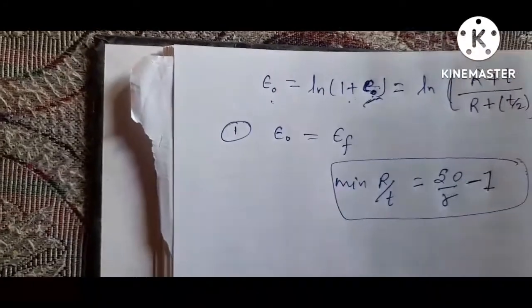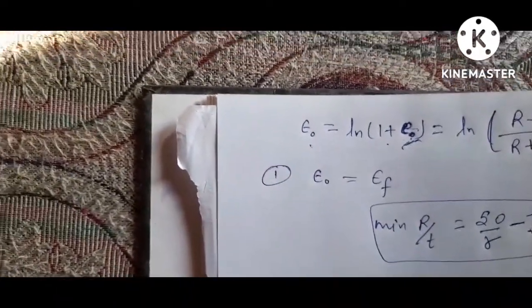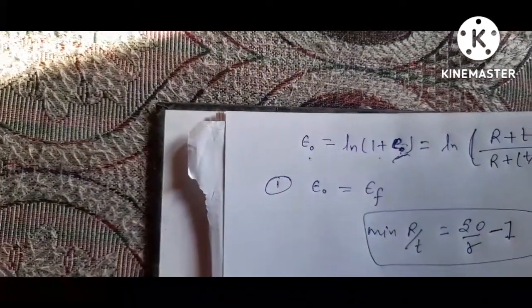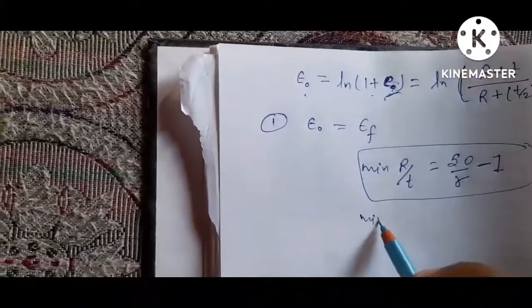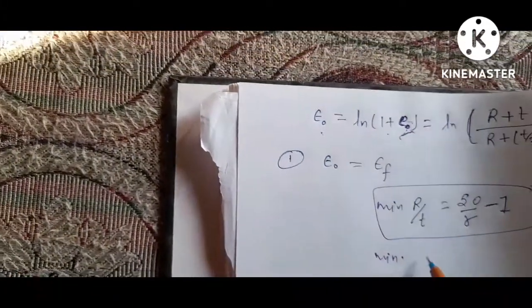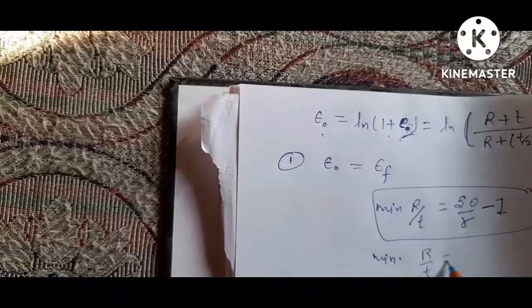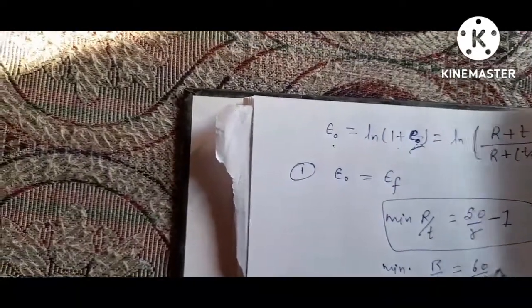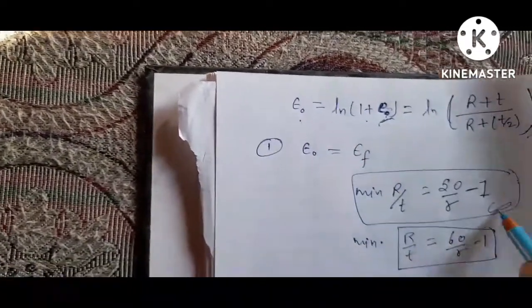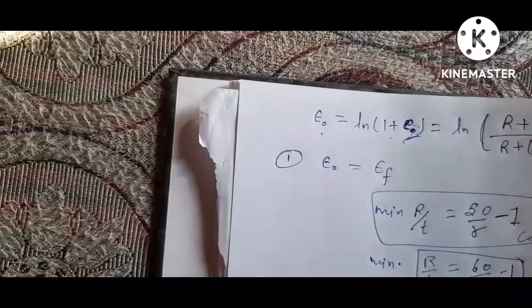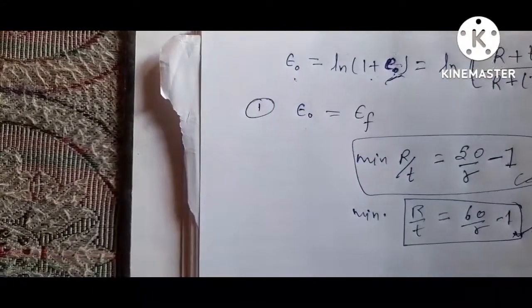This is theoretical, but in practice this value is calculated as R by T equals 60 by R minus 1. This is theoretical, but practically we use this value.